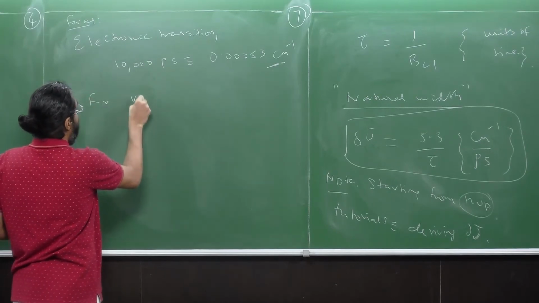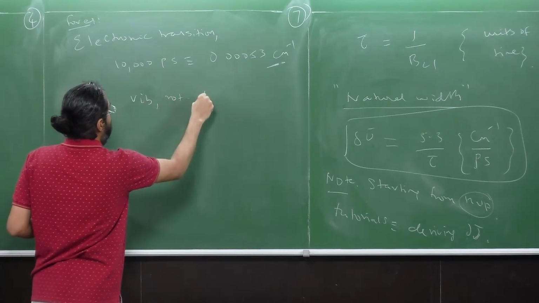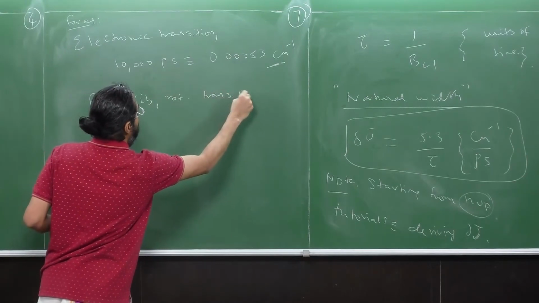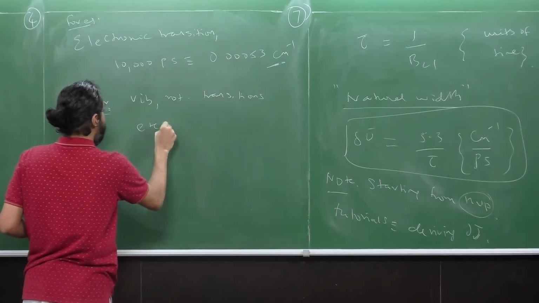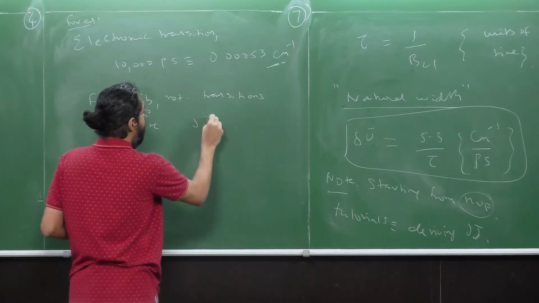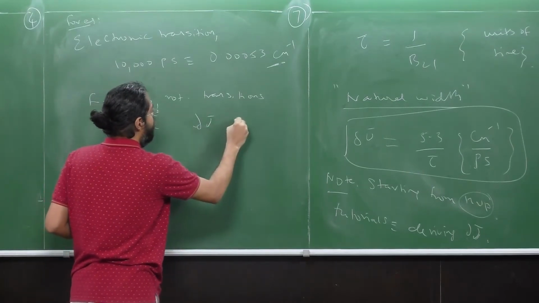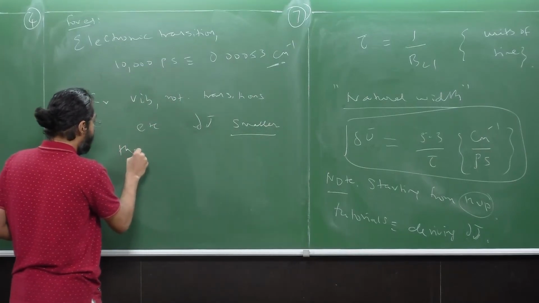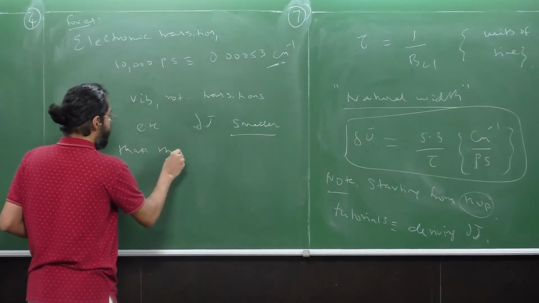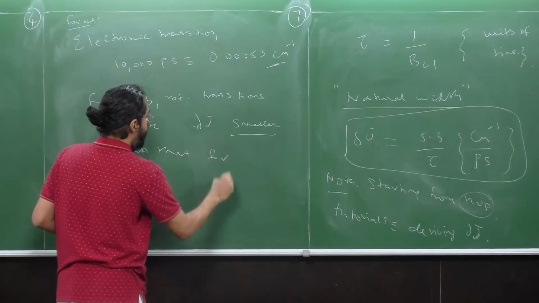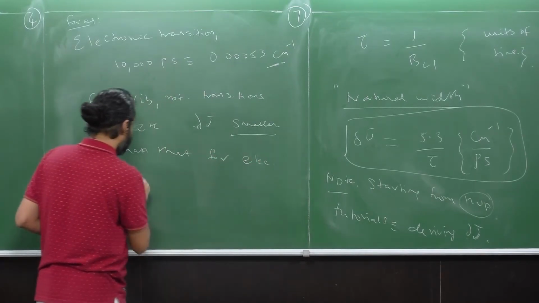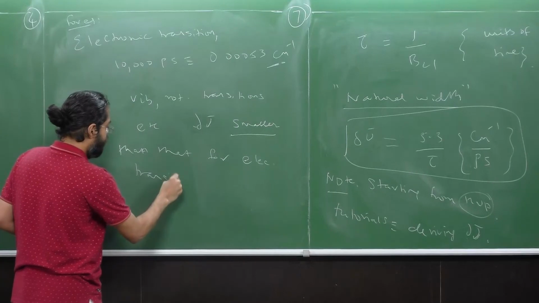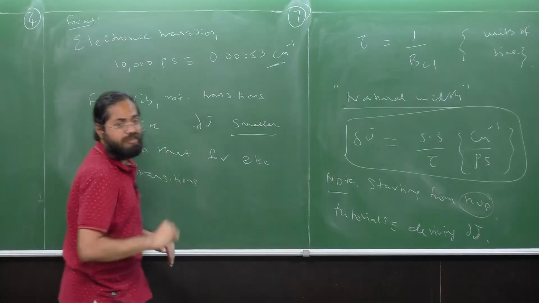For vibrational, rotational transitions, etc., delta nu is smaller than that for electronic transitions. Now, why is that?